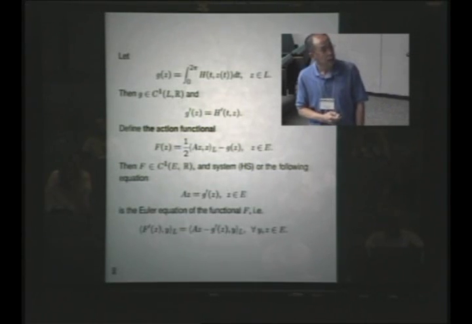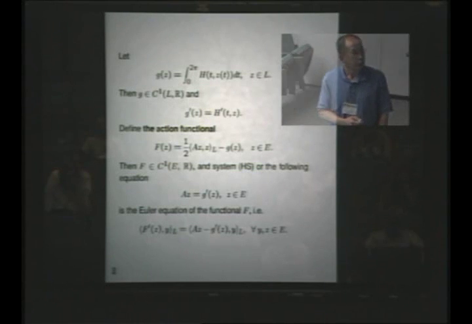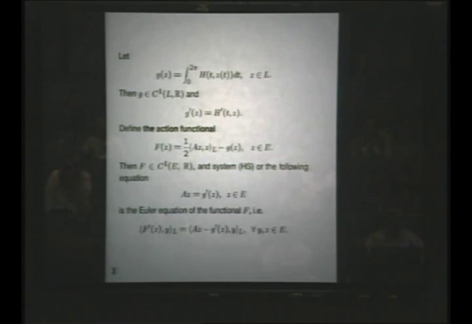We integrate this H, the Hamiltonian, so you get a functional, and it's defined on Z there. Then this is a C1 functional. So the original Hamiltonian system can be written in this form as an operator equation. And then you define the so-called action functional.